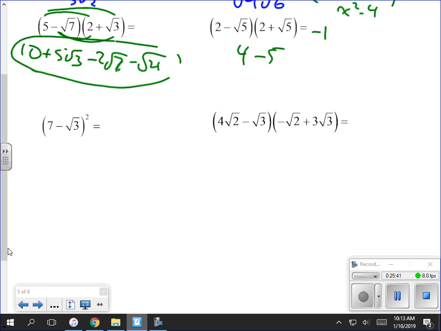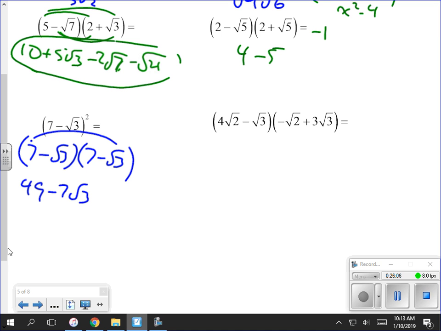Okay, this one here, remember, 7 minus root 3 is 7 minus root 3 times 7 minus root 3. This is not the same as that one because these are both the same sign. Remember, that's plus and minus. These are both minus in between. So you have to FOIL it out. 7 times 7 is 49. 7 times negative root 3, negative 7 root 3.